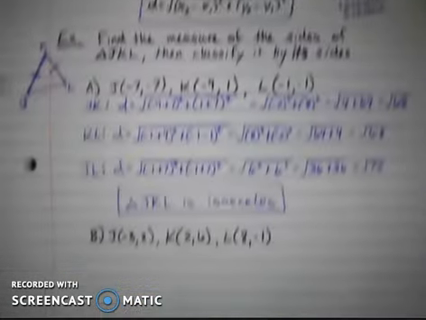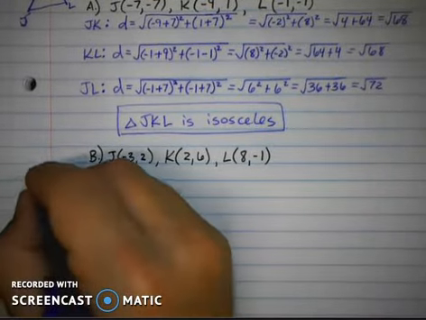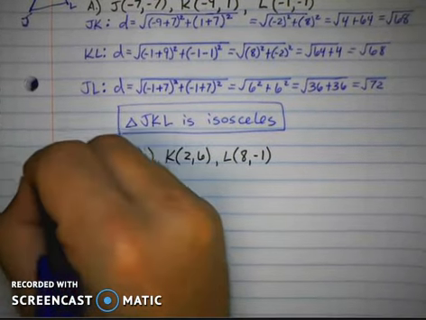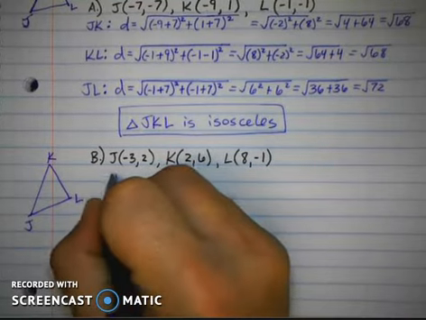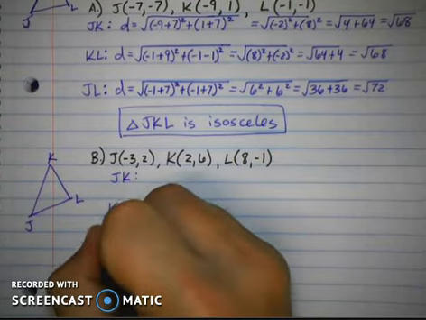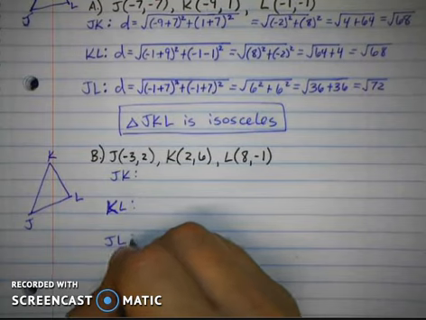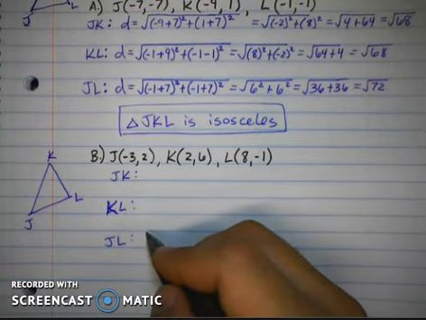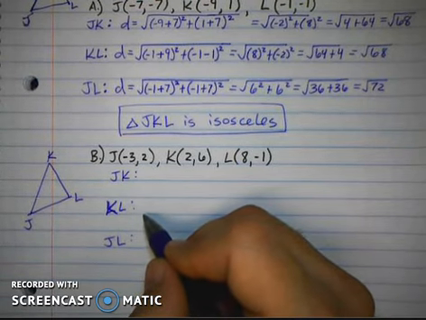All right, I want you to take a look at part B. We're going to do the same thing. We're going to use a different triangle JKL. And I want you to find the lengths of JK, KL, and JL. If all three are the same, it's an equilateral triangle. If two are the same, it's isosceles.